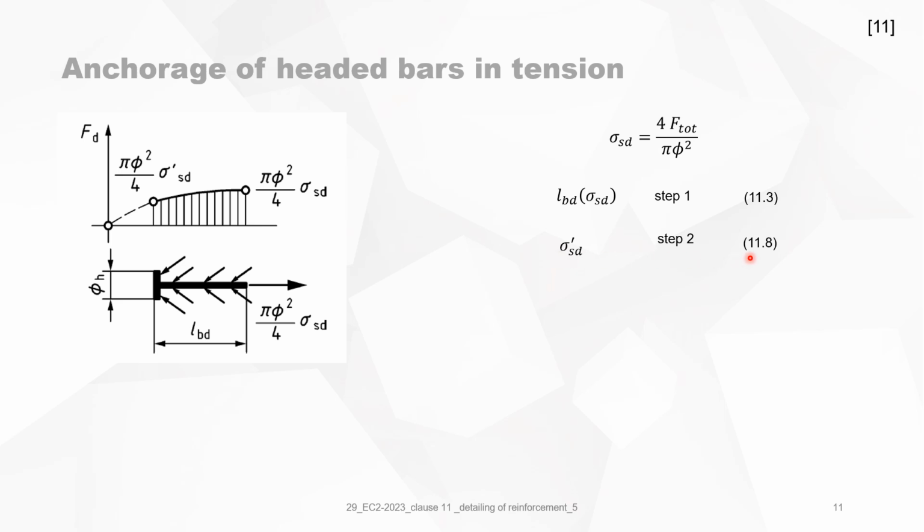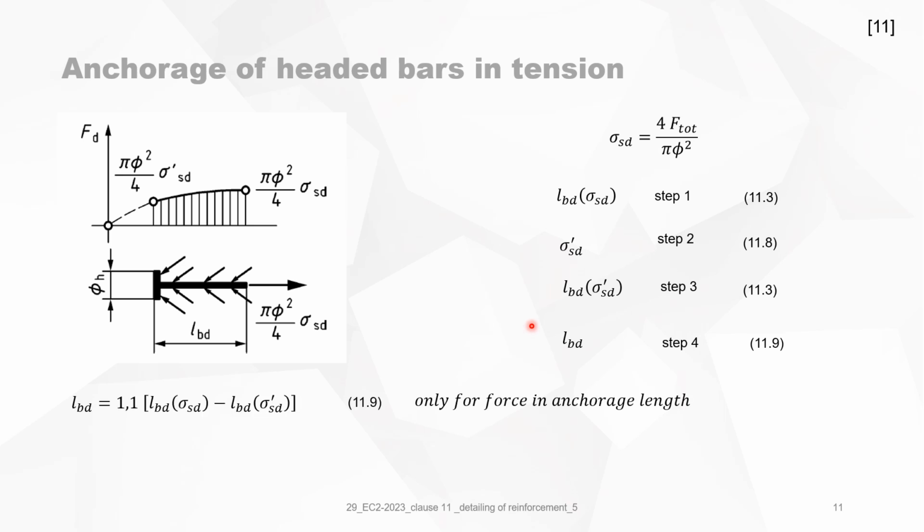You calculate with formula 11.8 the sigma accent SD, this one. Then you calculate the anchorage length needed, LBD needed for sigma accent SD. And in step 4, with formula 11.9, you calculate the anchorage length LBD.